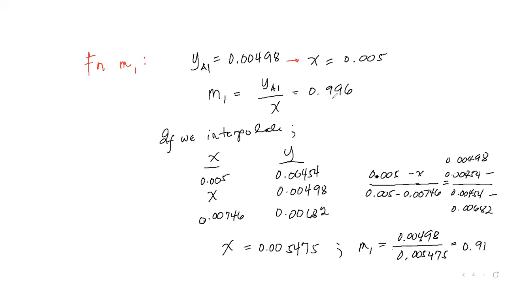Now look at the very crude answer that we got. If we use the x value of 0.005, which is for the y, which is 0.00454, this is our slope. Whereas if we interpolated, we expect a value in between these two, and this will be the slope that we are getting.